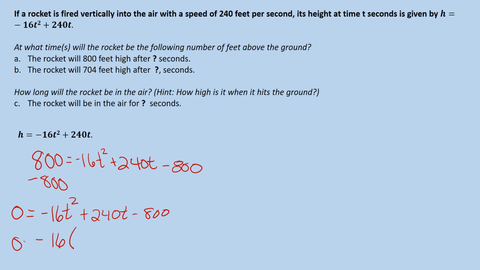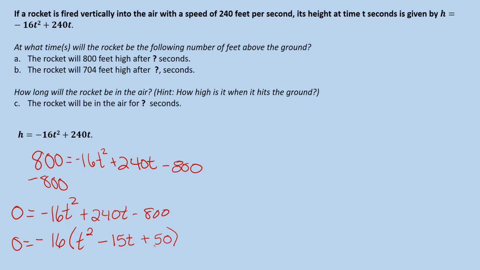For the first term, that leaves me with a positive t squared. For the second term, by taking out a negative, that makes it a minus, and 240 divided by 16 is 15, so 15t. Now, dividing negative 16 into negative 800 gives me positive 50.